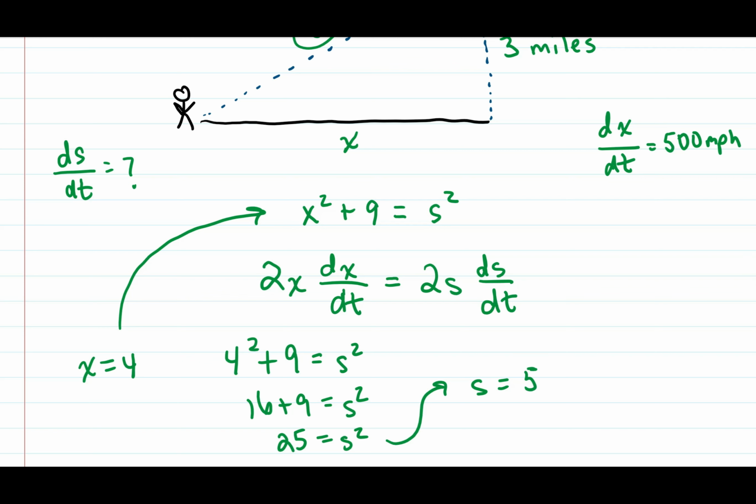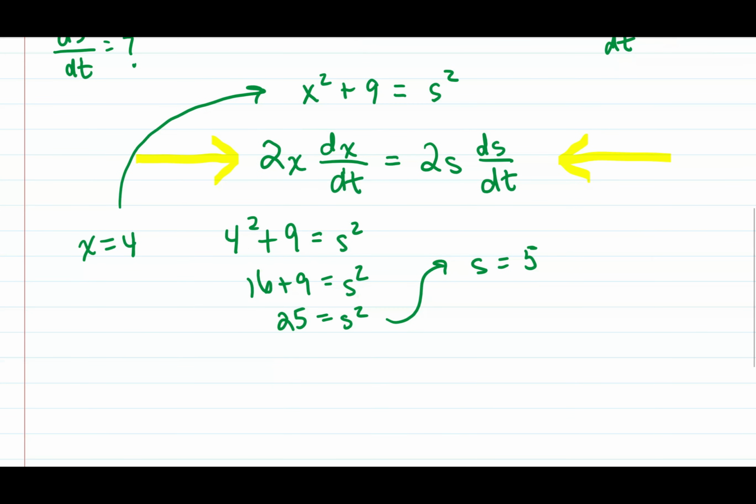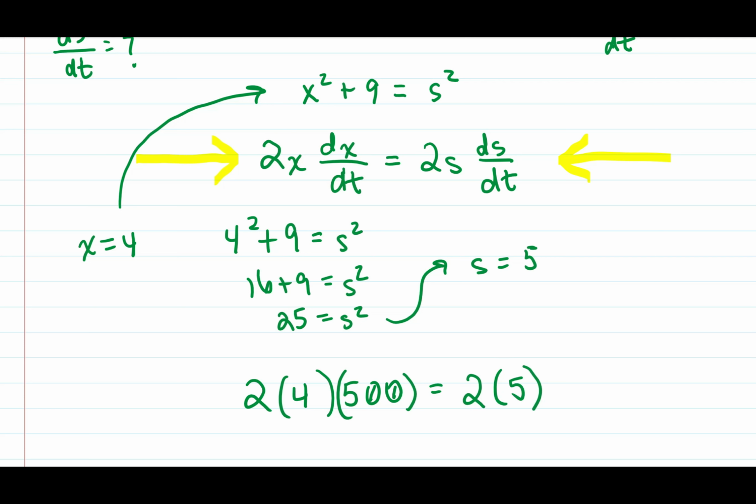Now let's go back to the equation that we have. Plugging in 2 times x, which is 4, times dx/dt, which was given as 500, equals 2 times s. We just figured out s to be 5, and we're trying to figure out what ds/dt is.